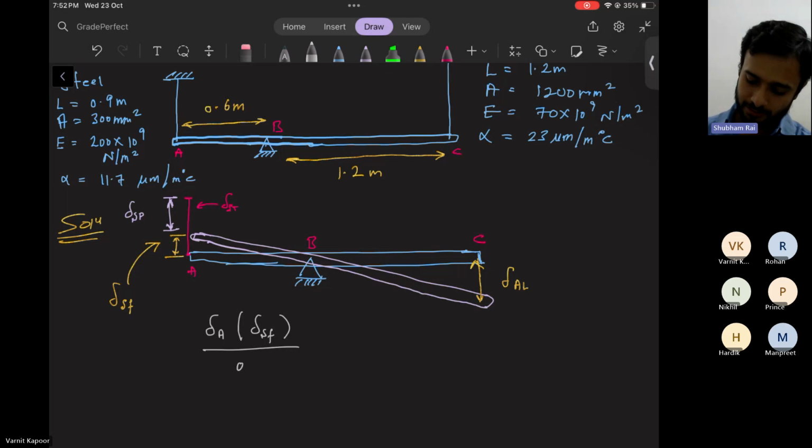So this is 0.6, right? Should be equal to this delta aluminium divided by 1.2, because these two are similar triangles, right?